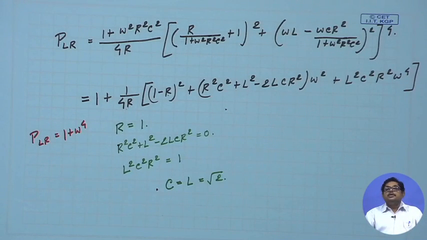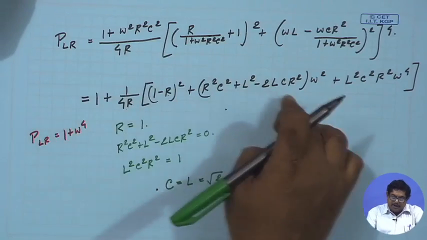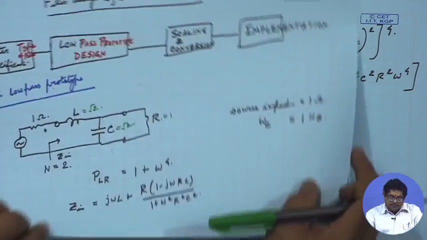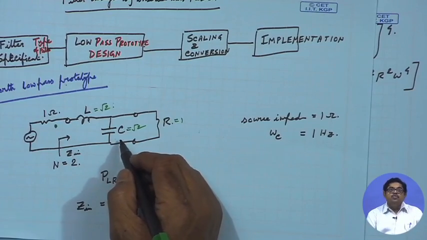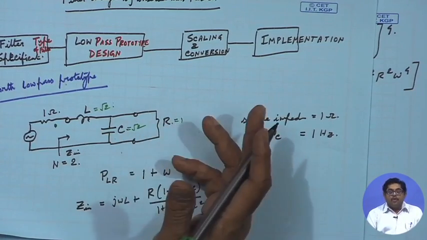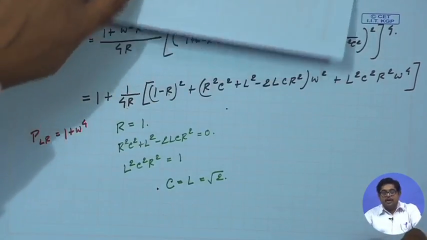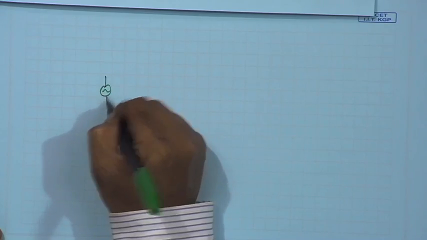So this way you can do it. Here I have taken n equal to 2. Suppose I have n equal to 4. If I specify that the order n is equal to 4, then we will have it like this.